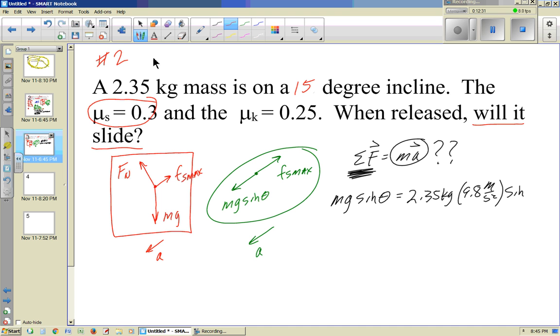All right, so it's a 15-degree hill. So that's going to be the sine of 15 degrees. And let's see what that comes out to. So this says that the mg sine theta is equal to 2.35 times 9.8 times the sine of 15. Get your calculators, punch it in, and find out what you got in a minute.